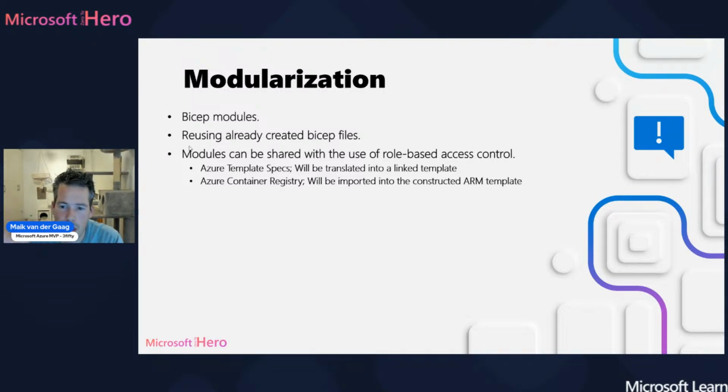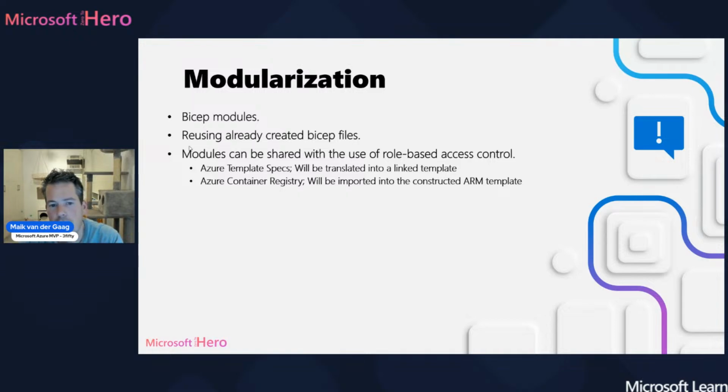But the cool thing is, if you write Bicep, you can use modules that are saved in a registry. So you could make the choice to have an Azure Container Registry where you publish your modules, but you also have the option to use Azure Template Specs as modules in your Bicep file. So you can really extract the components there.